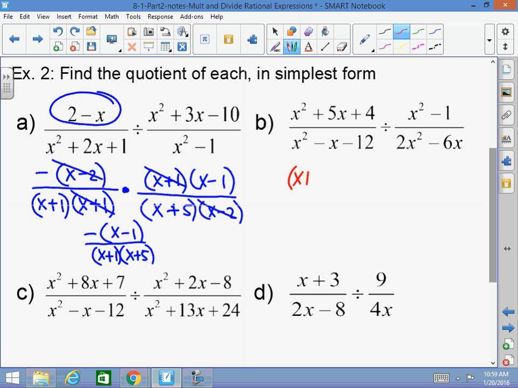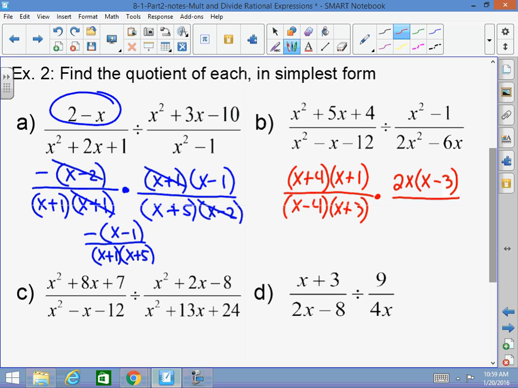Stay, x plus 4 times x plus 1, x minus 4 times x plus 3. Change to multiplication. Flip. Take out a 2x. Got x minus 3 over x plus 1, x minus 1.